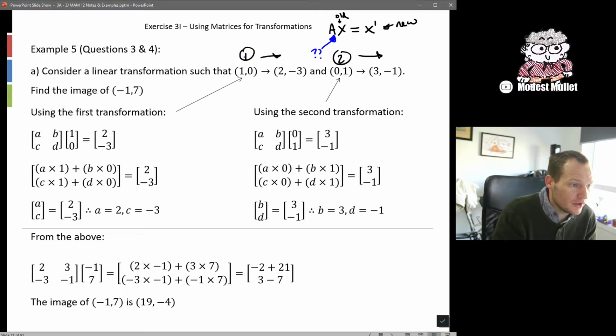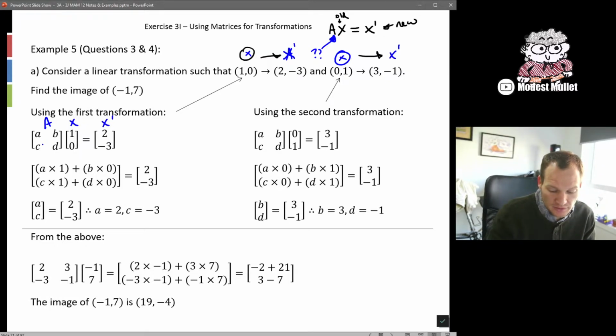So we're told X and X dash here, and the same over here, we're told X and X dash. So we can put in placeholders, a, b, c, and d in our transformation matrix, and we're now doing fun simultaneous equations with matrices.